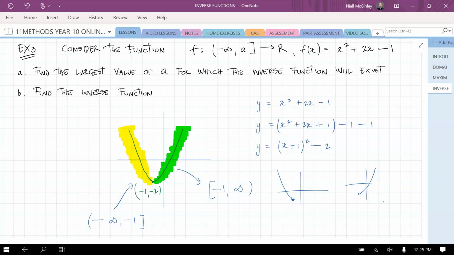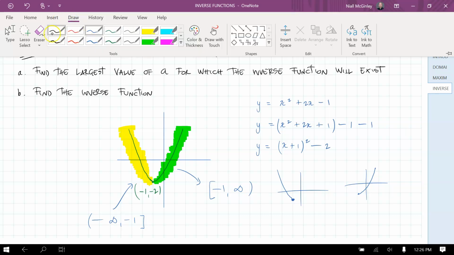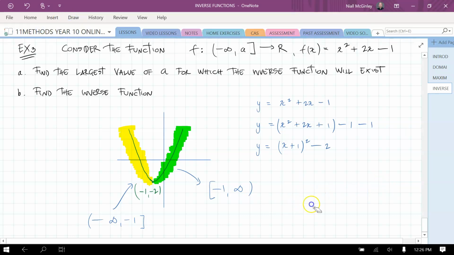So what this question's asking is, what's the largest value of a for it to have an inverse? The clue here is we're starting off at negative infinity, so in this question we're talking about the yellow section. If we're going from negative infinity, the largest value that could make this a one-to-one function would be negative 1.